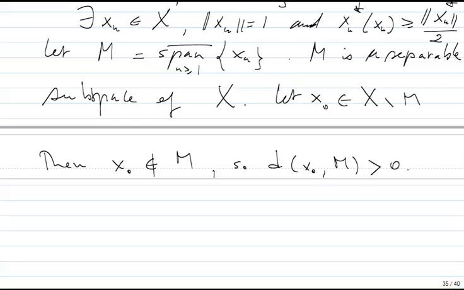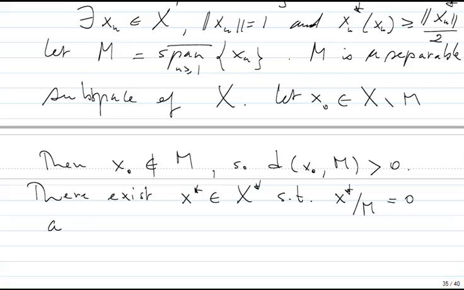Then by Hahn-Banach, there exists x star in x star such that x star reduced to m is 0, and x star of x0 is equal to the distance from x0 to m.